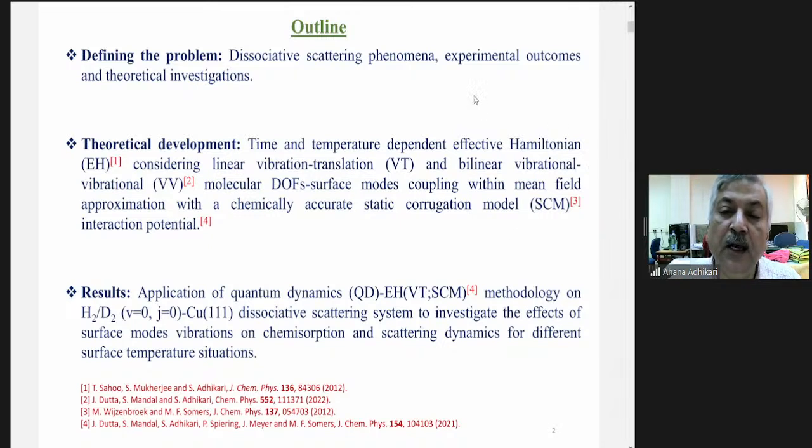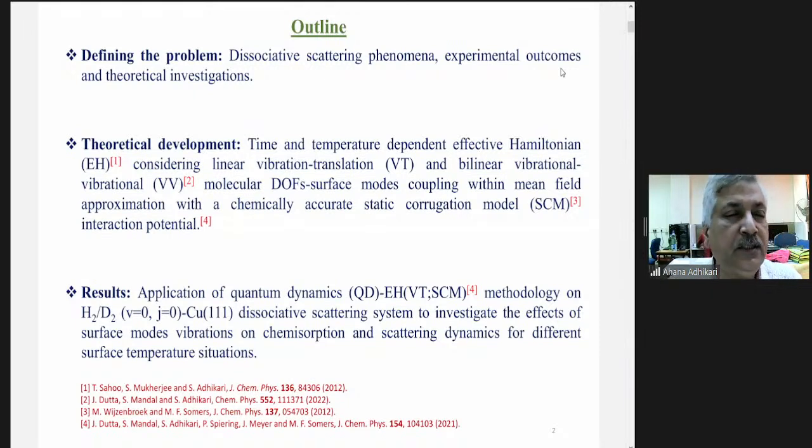And then the corresponding experimental outcome, and those are extremely sophisticated experiments called molecular beam experiments, along with theoretical investigation. So the phenomenon is the dissociation of a molecule on a metal surface, and the experimental outcomes are at the quantum level.